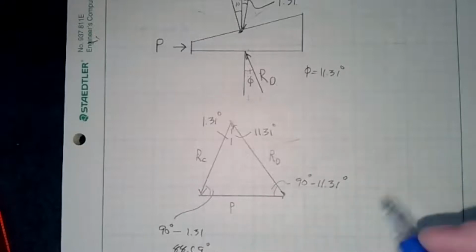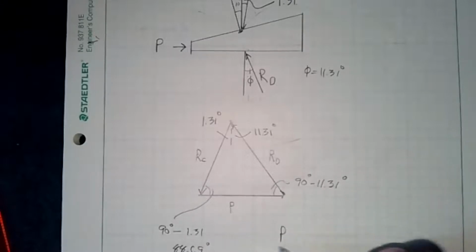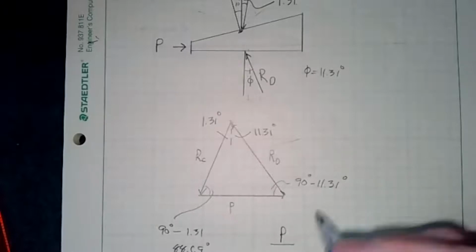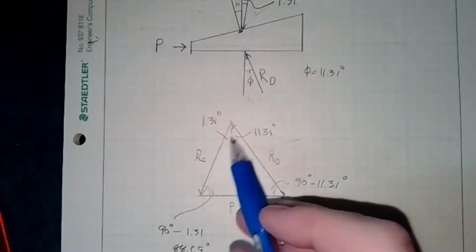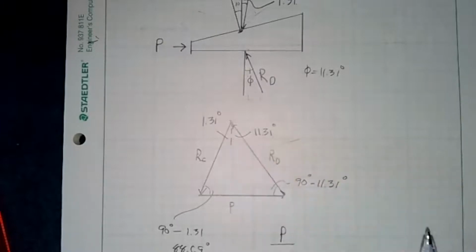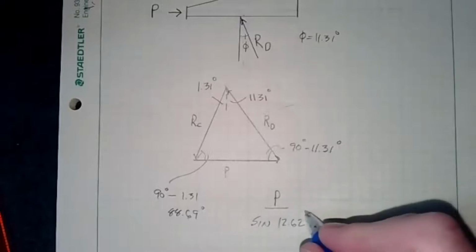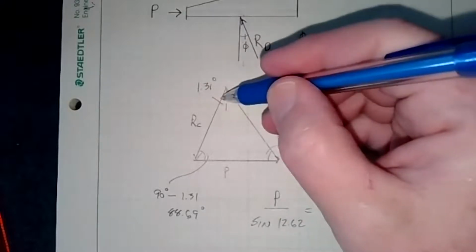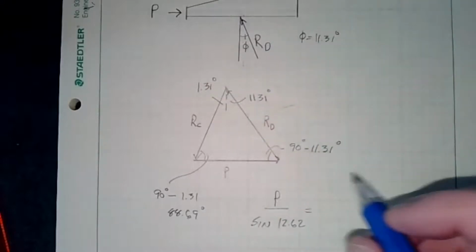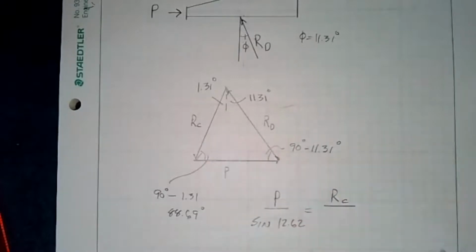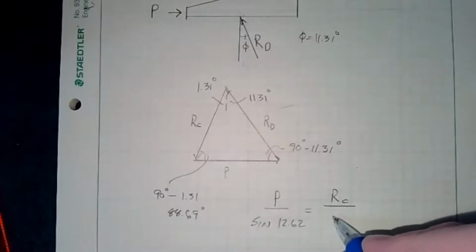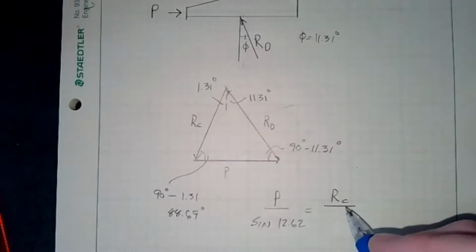So if we do, again, P over sine of 12.62, which is just these two added, that 12.62 is those, that has to equal RC over this opposite angle. The RC value itself hasn't changed.